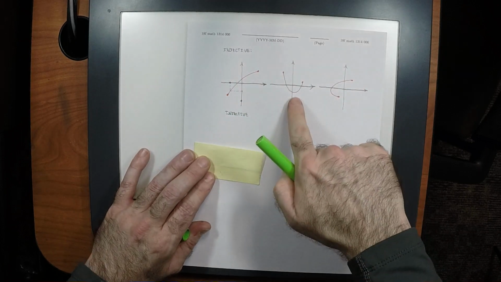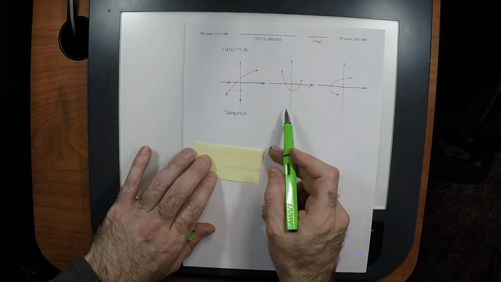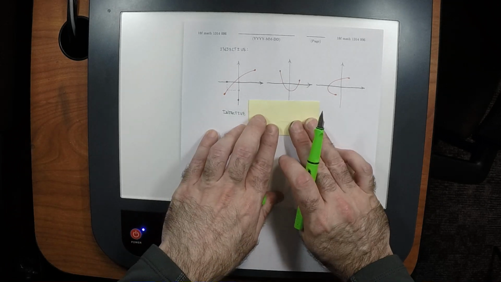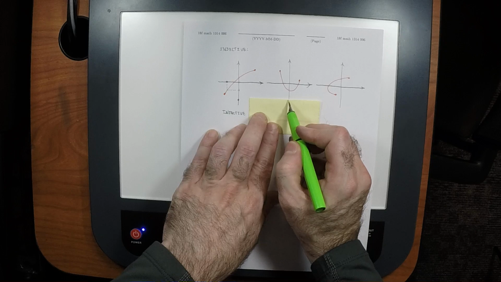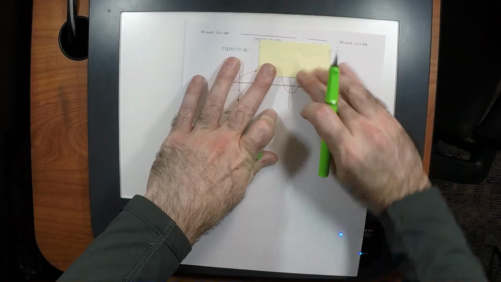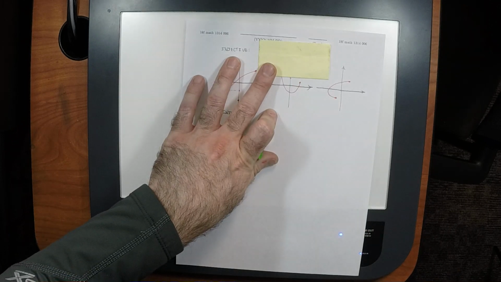How about this one? Is this one injective? No, because, well, how many times does this one intersect? 0, right? So that's okay. What about that one? How many times does that one intersect? Once. So does that mean it's injective?